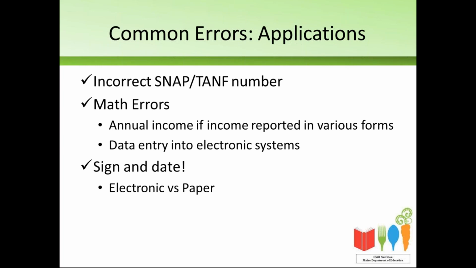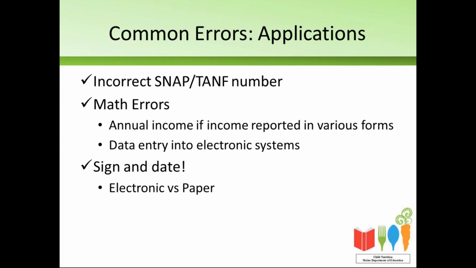Maybe the data was entered incorrectly on an electronic system. I've looked at some of those where the information on income on the far right of the application was not picked up. Make sure you're getting all of the numbers and you're entering them correctly. If you have applications that are approved and you're using the paper application, every application must be signed and dated by the approving official.